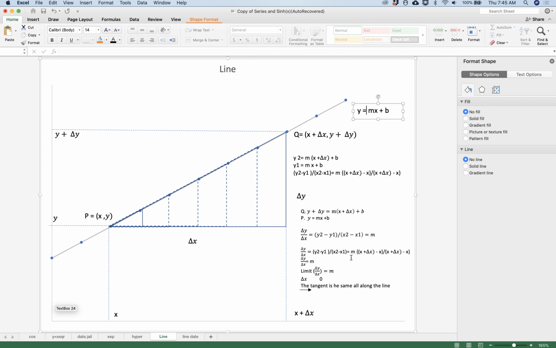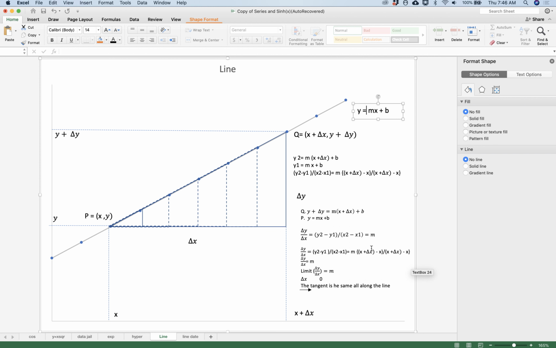Well, y2 is given by this expression, y equals mx plus b. And when you take y2, which would be m times x plus delta x, minus y1, which is y equals mx, I just factored out the m, divided by the change in x, which would be x plus delta x minus x.